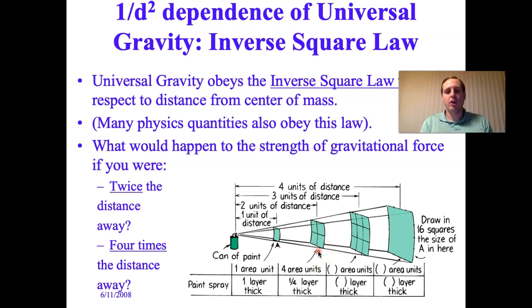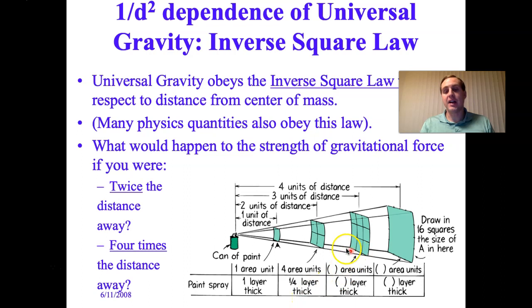But notice that if you take that same paint can and you keep spraying it, and it spreads out horizontally and vertically, you can imagine that the same amount of paint is going to get spread over not 1 square, but over 4 squares, if the distance is 2 times as far away, 2 units of distance. So notice that now it's only 1/4 the thickness.